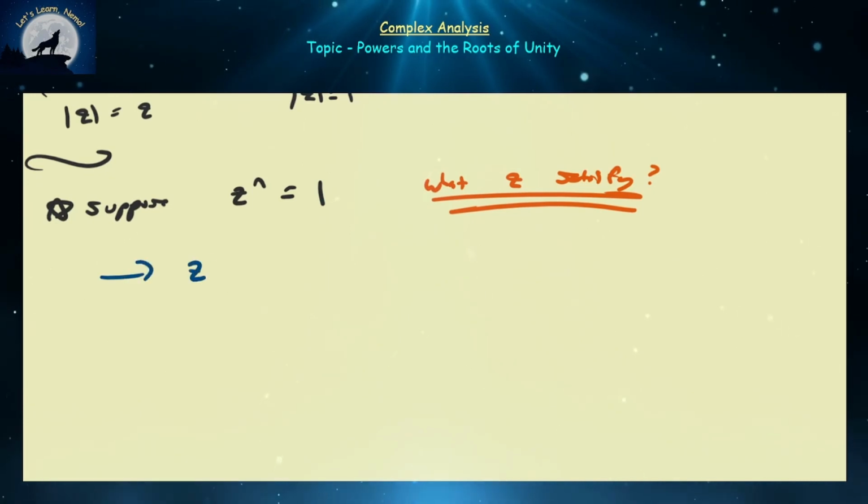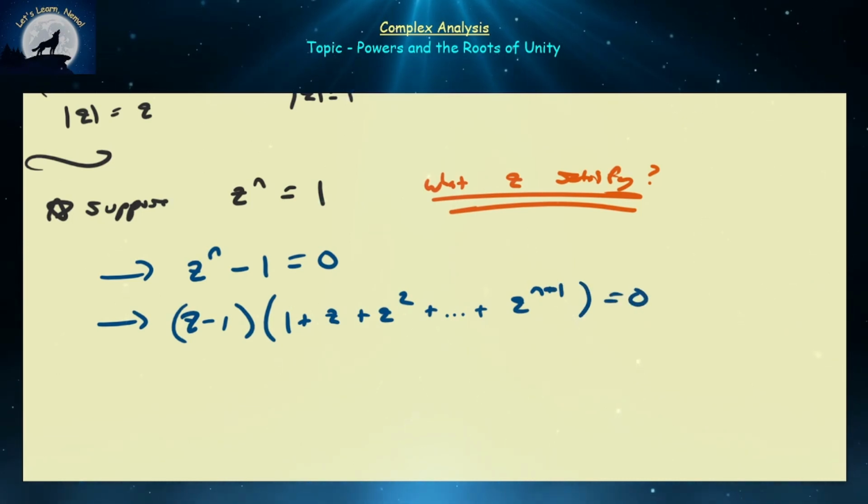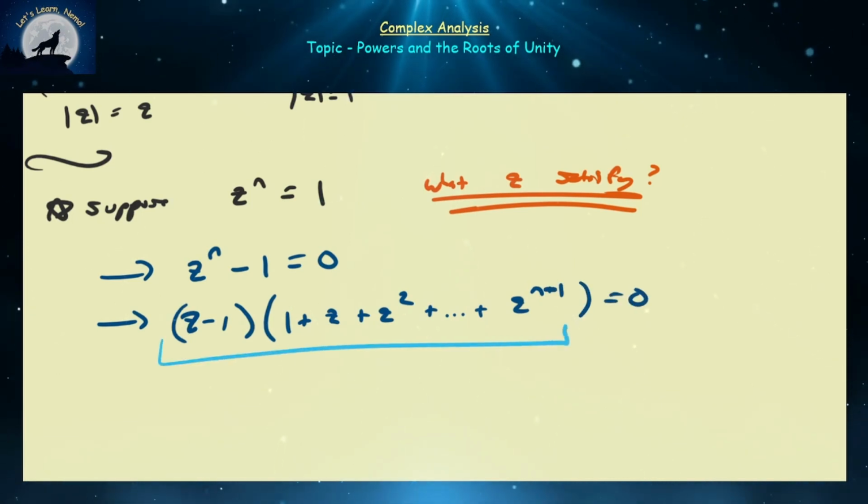So if we were to solve this equation, we're going to have z to the power of n minus 1 will be equal to 0. And you might be able to realize, oh, I can factor that into z minus 1, multiply by 1 plus z plus z squared all the way down to z to the power of n minus 1. And that's going to be equal to 0, right? So that's your typical factorization. So from this leading term, we clearly see that z equals 1 is a solution.